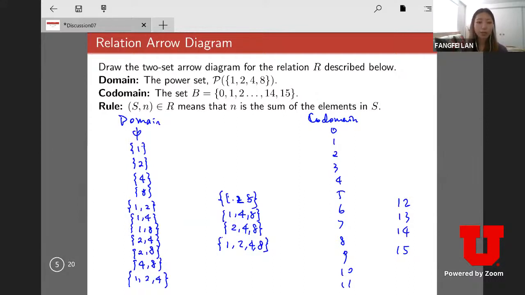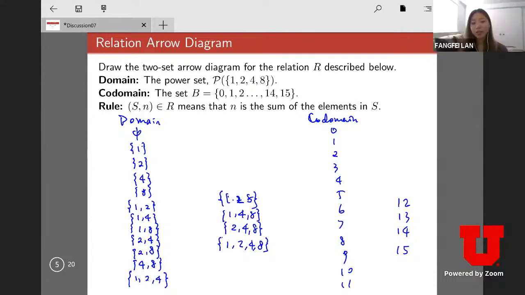Okay, so how do we draw the arrow? Where does this one go to? The empty set. Where does the empty set go to? So it means the sum, right?